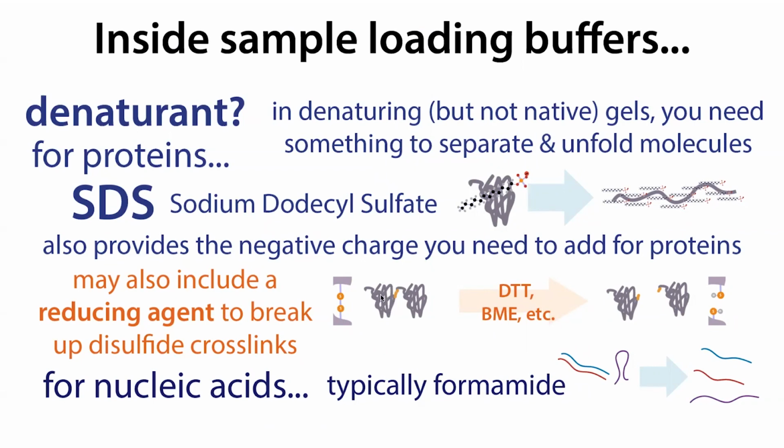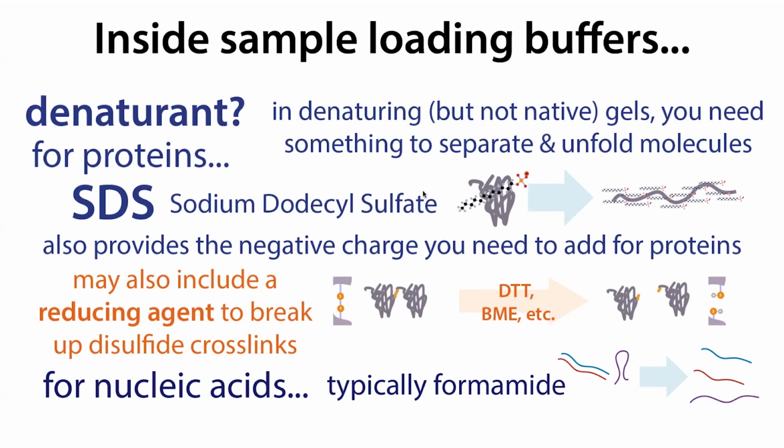If you had these happening, you'd have these proteins traveling together, even if you had them both unfolded, if you didn't include a reducing agent. And if the crosslink is just within a protein, you're not going to be able to remove all of its shape. And so you can break up these crosslinks using this reducing agent.